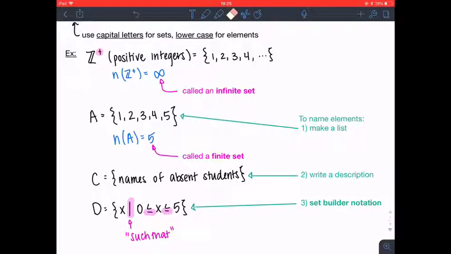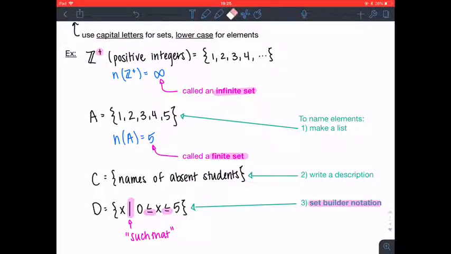All right, so 3 ways we can name elements in a set. We have an infinite set with an infinite number of elements within it. We have a finite set with a finite number of elements in it. And then also make note that we have something called set builder notation as well.